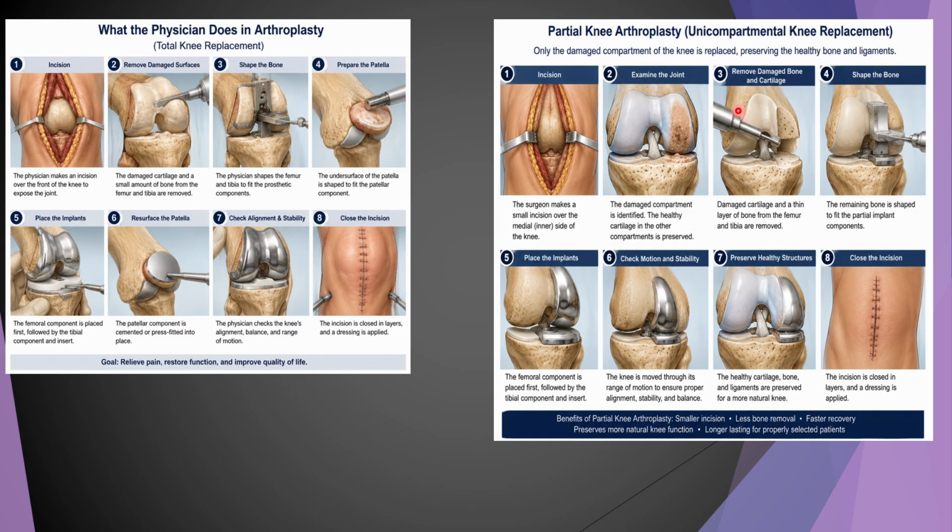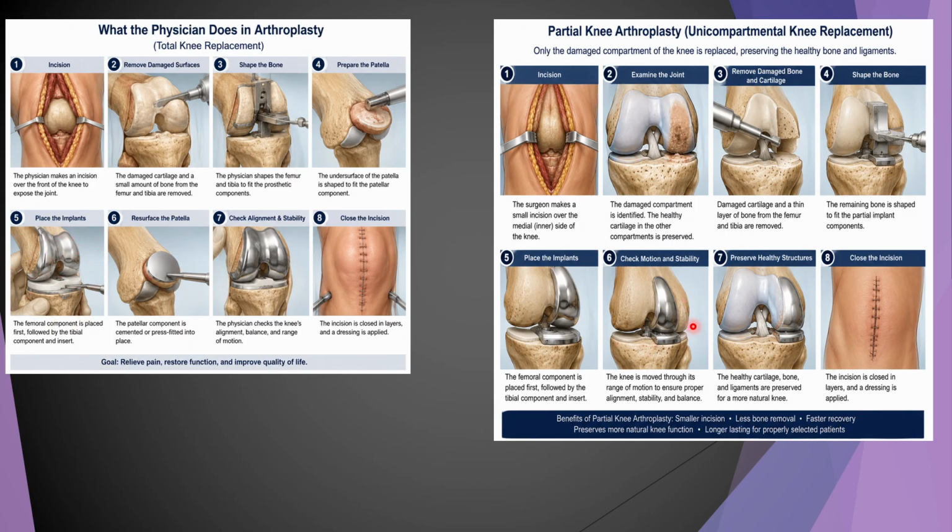Coming to partial arthroplasty. First the incision, and examine the joint. Remove the damaged bone and cartilage, resurface and shape the bone, and place the implant in one part. After that he will check the stability and alignment.